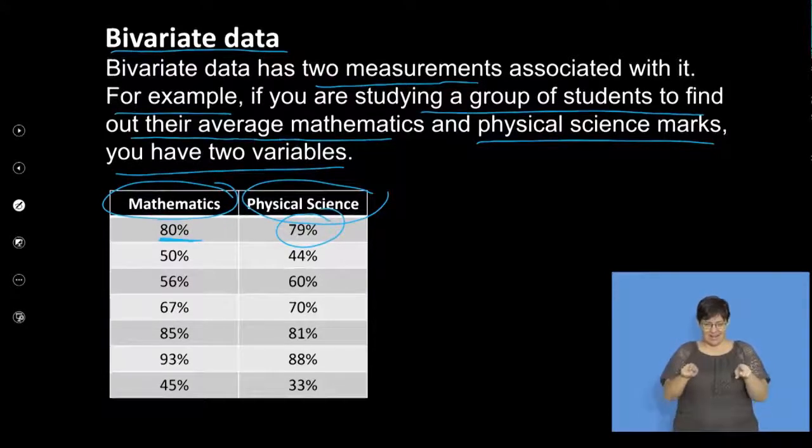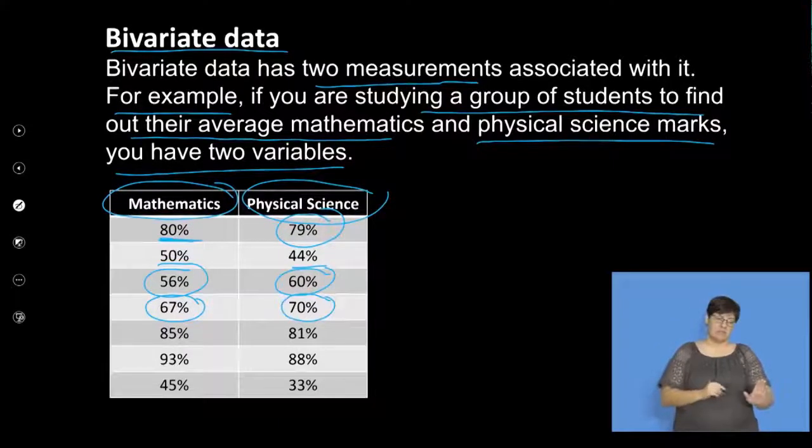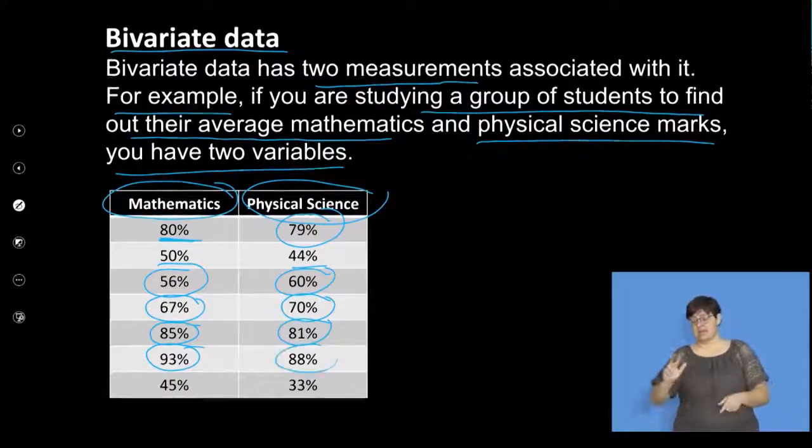We're talking about two bivariate data points: 50%, 44% physical science, 56% in maths, that implies about 60% in physical science, 67 mathematics, about 70% physical science, 85% for maths, 81 physical science, and 93, 88, 45%, which is 33% for physical science.